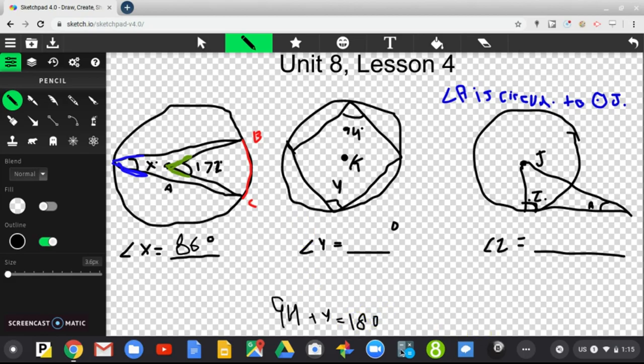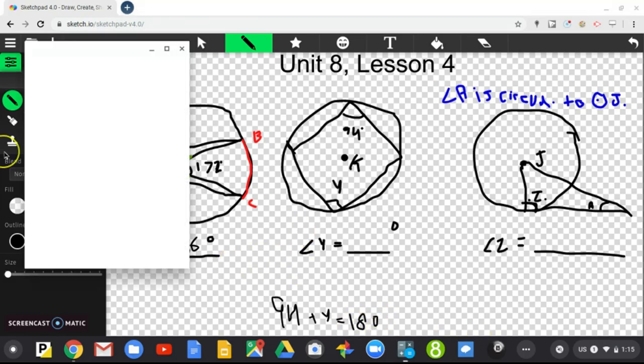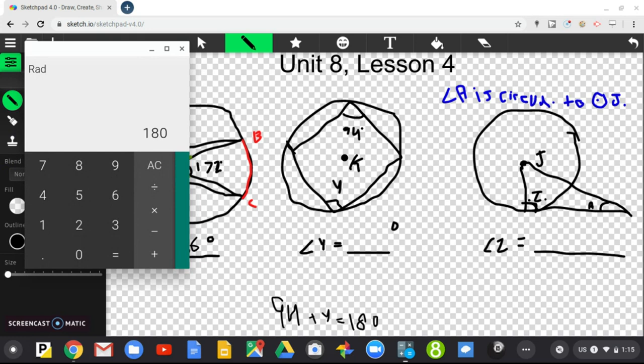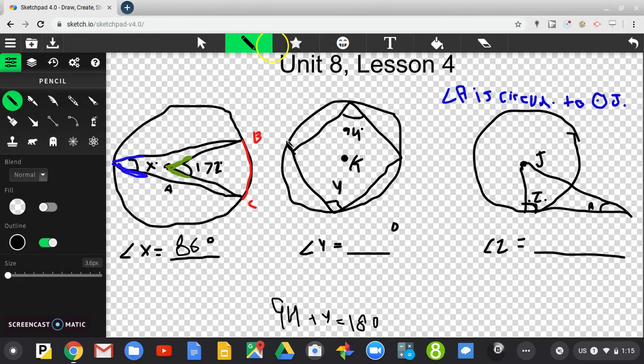So we can subtract 94 from 180 to see what we get. 86. So that means that this is 86 degrees. I really just came up with these out of my head, so it's strange that these ended up with the same answer.